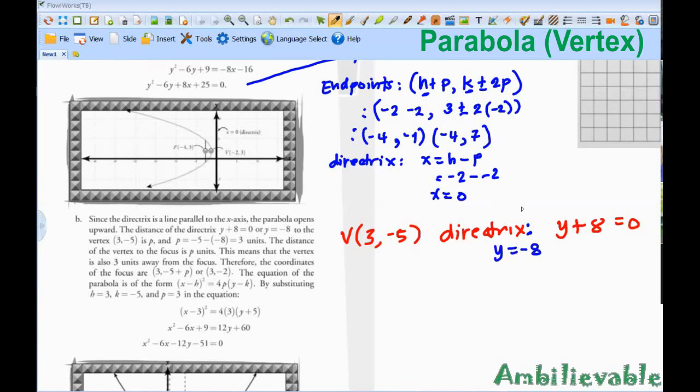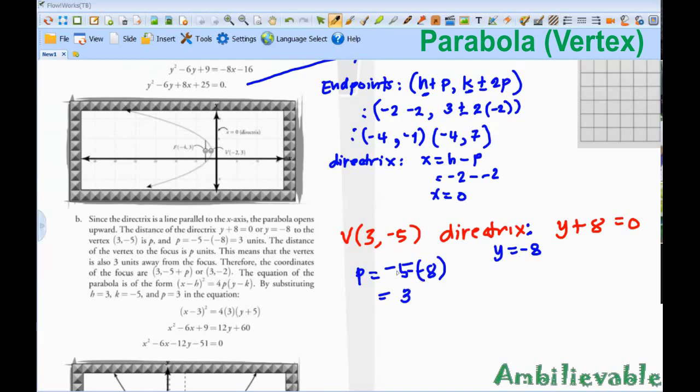The directrix is opposite of the focus, if you remember. So if y equals negative 8 and the vertex is 3, negative 5, then p is equal to negative 5 minus negative 8, which is equal to positive 3.